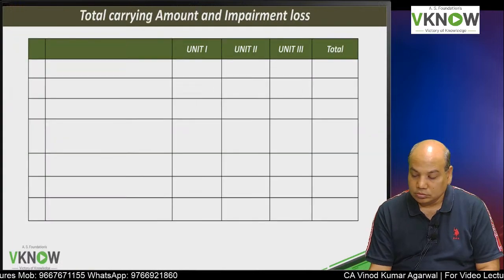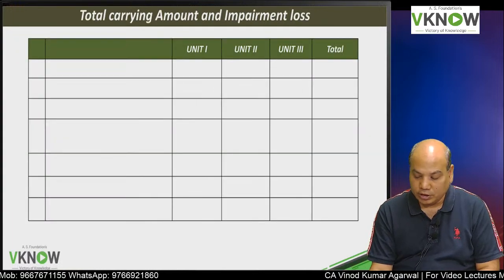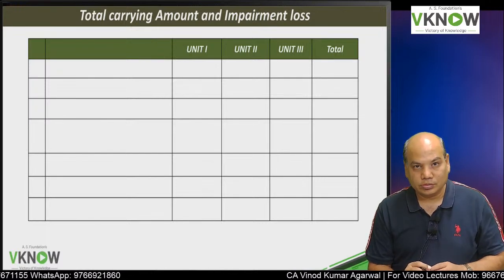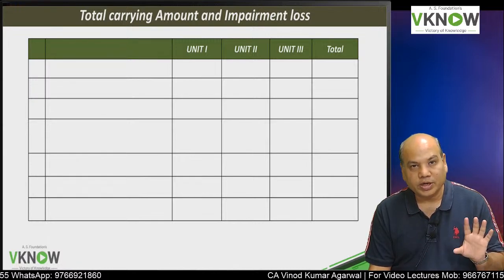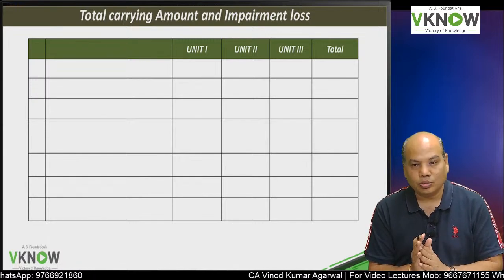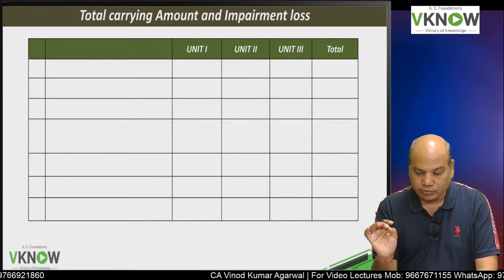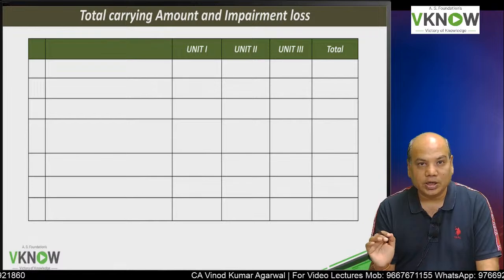Understood? Now, next very important step is how to provide impairment loss for corporate building which can be allocated on a reasonable basis. So, next step number 2, total carrying amount and impairment loss.